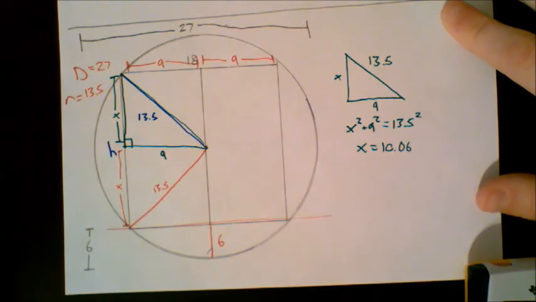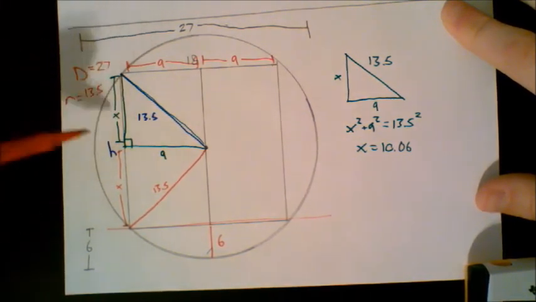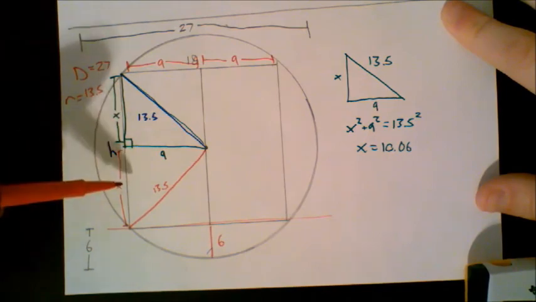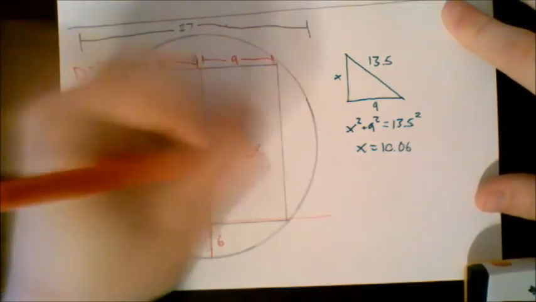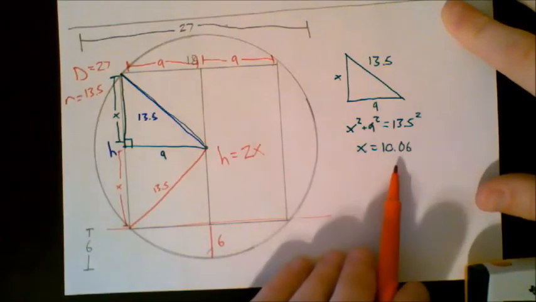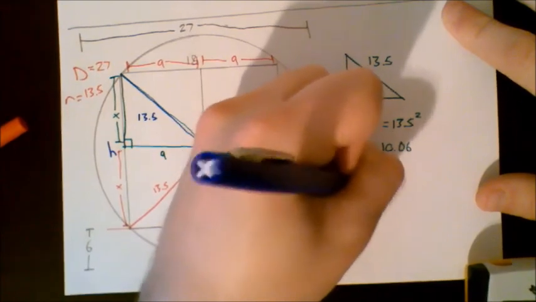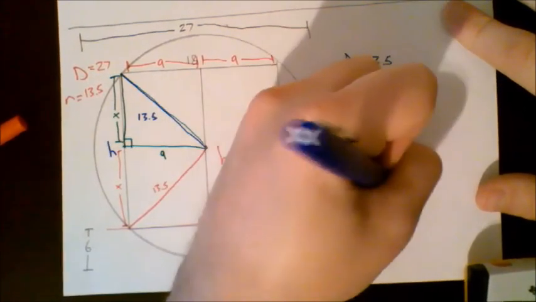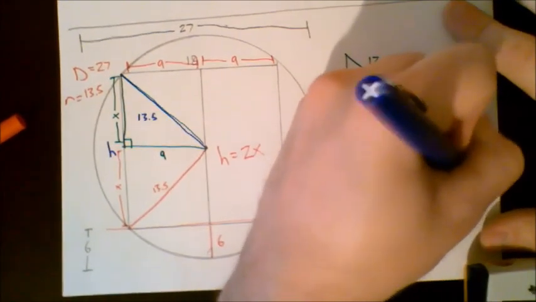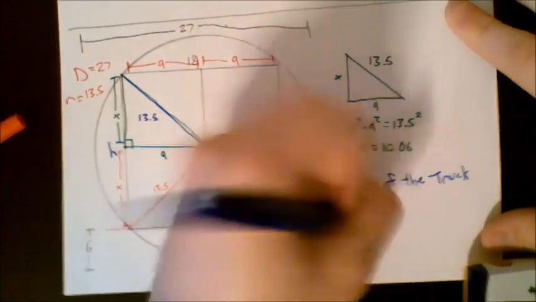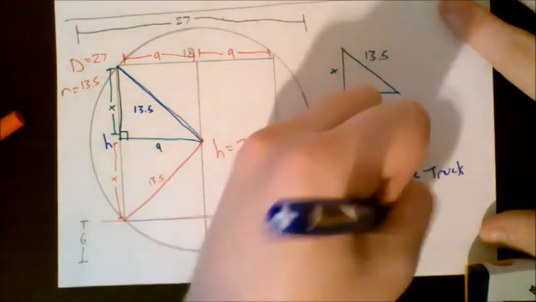Right, so basically, what we need is the height of our truck is just equal to 2x. So all we have to do is double this number. So the height of our truck is just twice this number, so we're going to call it 20.12.